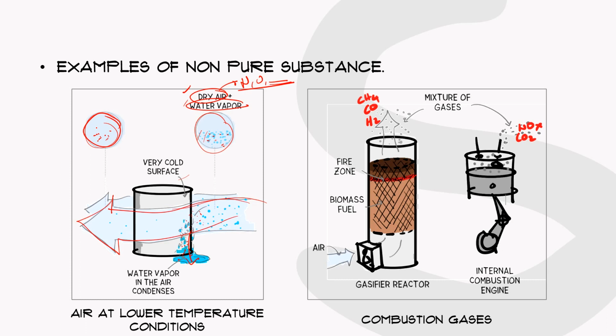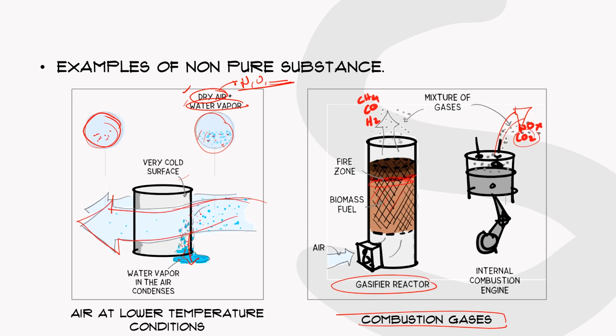Okay, another one is the combustion gases. Combustion gases, let's say, are a mixture of air plus, of course, combustion products. That means we have gases like CO2 and some other gases. Also, for the gasification process, we have here biomass fuel being converted into gas.